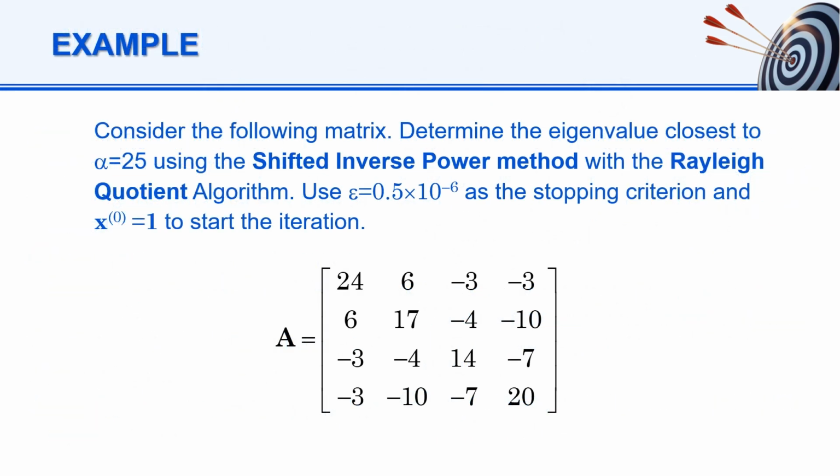Let us consider the following matrix. We would like to determine the eigenvalue closest to alpha equals 25 using the shifted inverse power method with the Rayleigh quotient algorithm. We will use 0.5 times 10 to the minus 6 as the stopping criterion and a vector of 1s as an initial vector to start the power iteration.